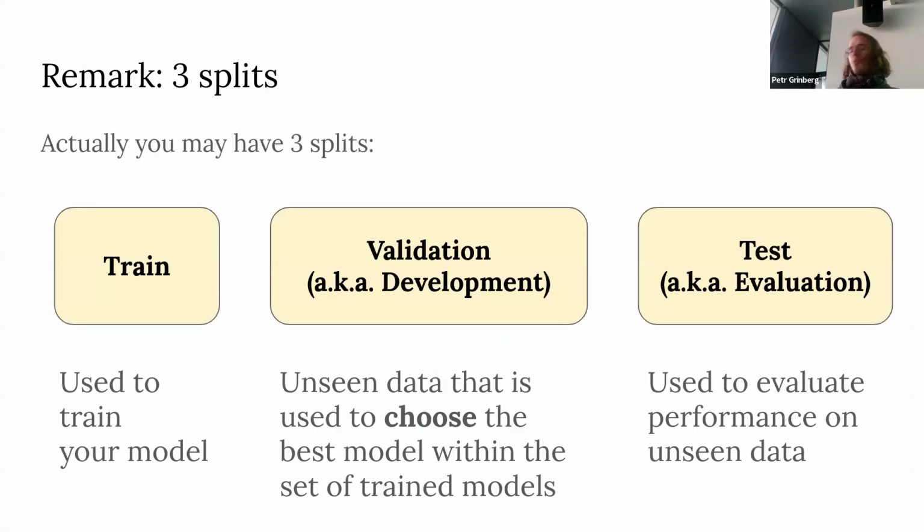Yeah. So one remark, in practice, you usually want to have three splits. One is train, one is test, as we saw, also known as the evaluation set. And the third one, a new one, is called the validation set or development set. The thing is that when you train a model, you usually have some things you want to modify, so-called hyperparameters.